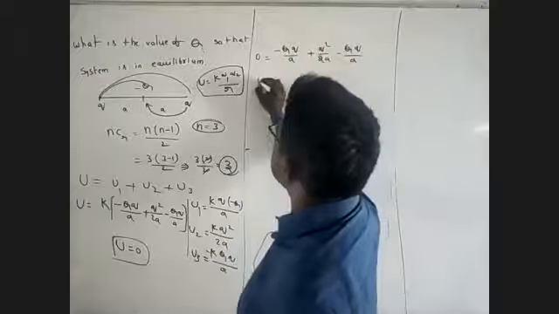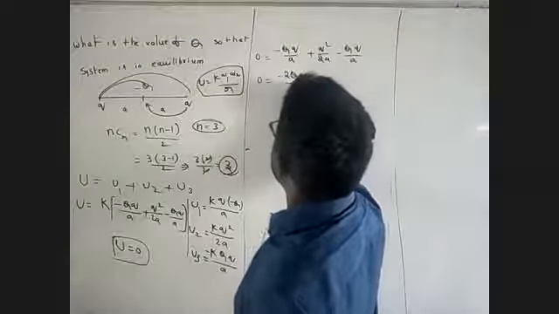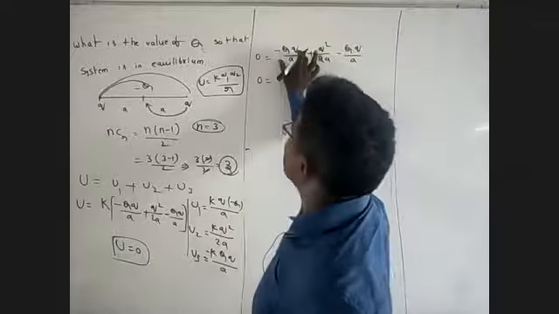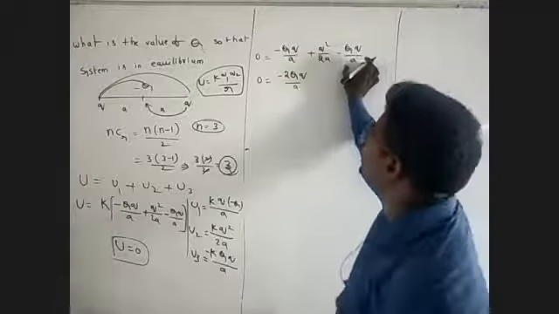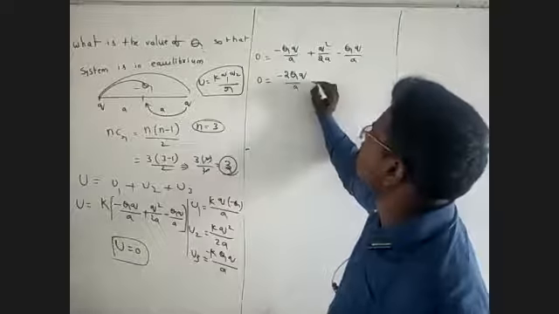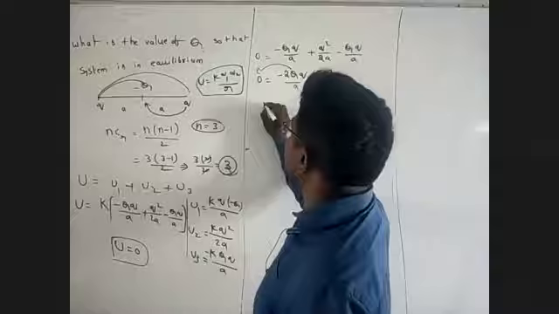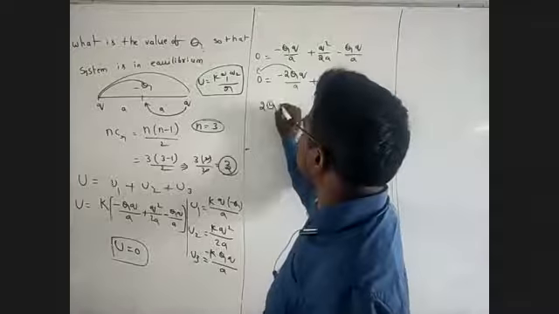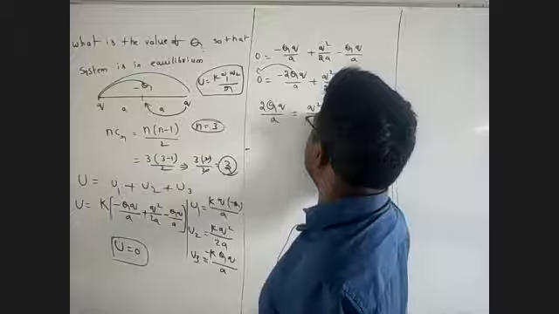So 0 is equal to 2 capital Q small q by a with a minus sign, plus Q square by 2a. Taking this to the other side, 2 capital Q small q by a is equal to Q square by 2a.